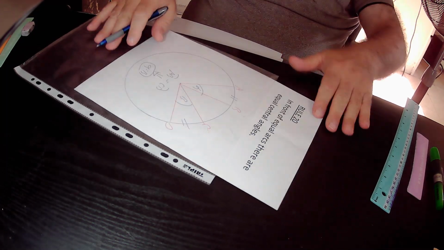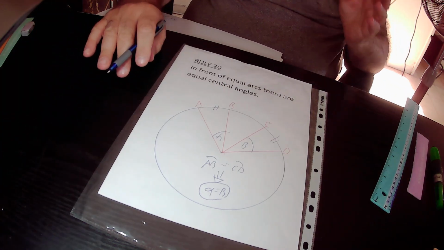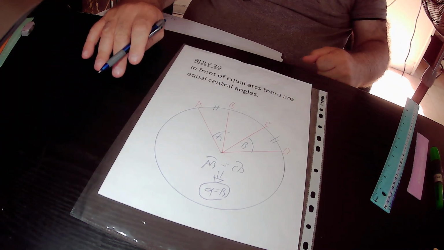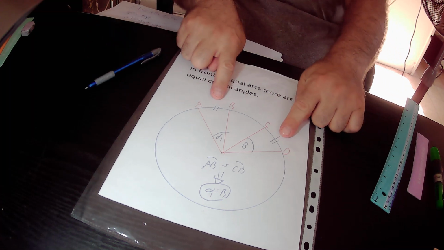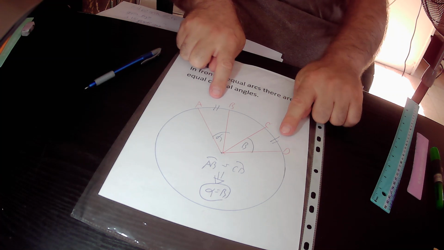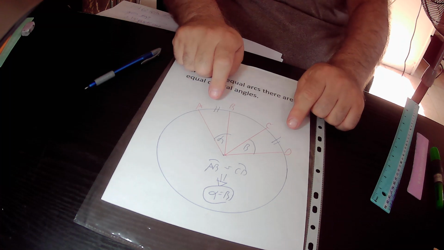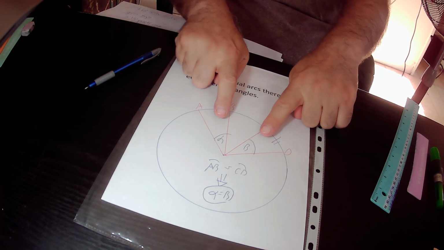According to rule 20, in front of equal arcs, there are equal center angles. Those two arcs are equal to each other in length, and therefore in front of those two arcs we also have equal angles. Those two angles are center angles, located in front of two equal arcs, and therefore they are equal to each other.